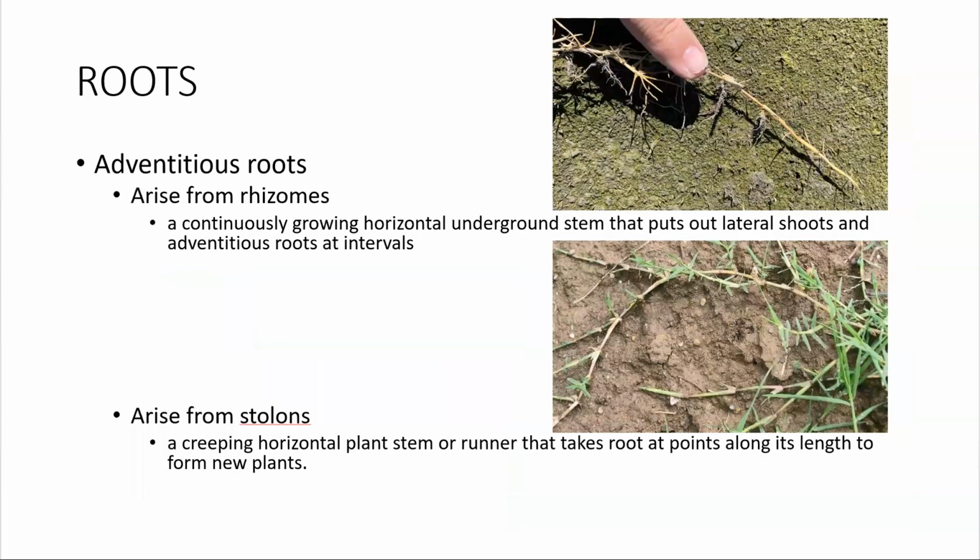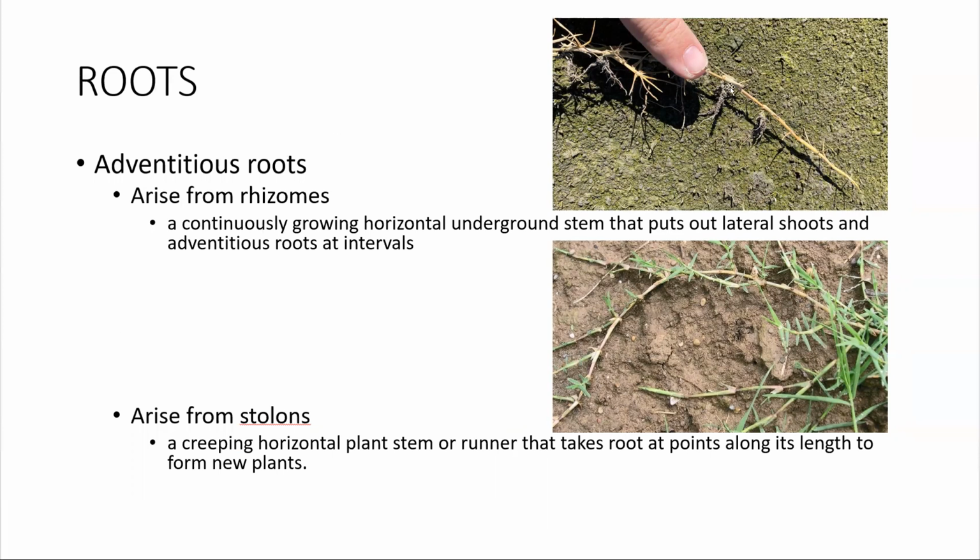So what are these adventitious roots? The ones that we typically see, and this is a picture of a plant that in our region, in the Sacramento region, is not a desirable plant. This is Bermuda grass. Okay, and adventitious roots, Bermuda grass uses both of them. So rhizomes and stolons.